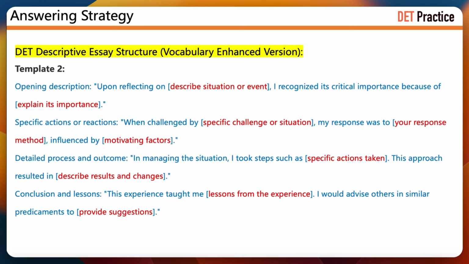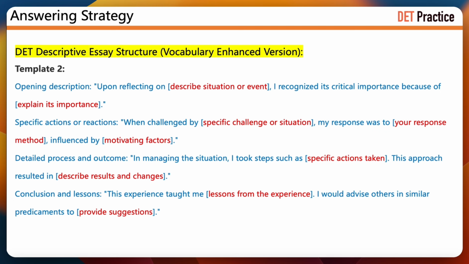Conclusion and lessons. The phrase "this experience taught me" is used instead of "from this, I learned," maintaining a formal tone. "I would advise others in similar predicaments" replaces "I recommend," introducing more advanced vocabulary with predicaments and a more formal advisory tone. This vocabulary-enhanced version of Template 2 encourages test takers to use even more sophisticated language throughout their essay.